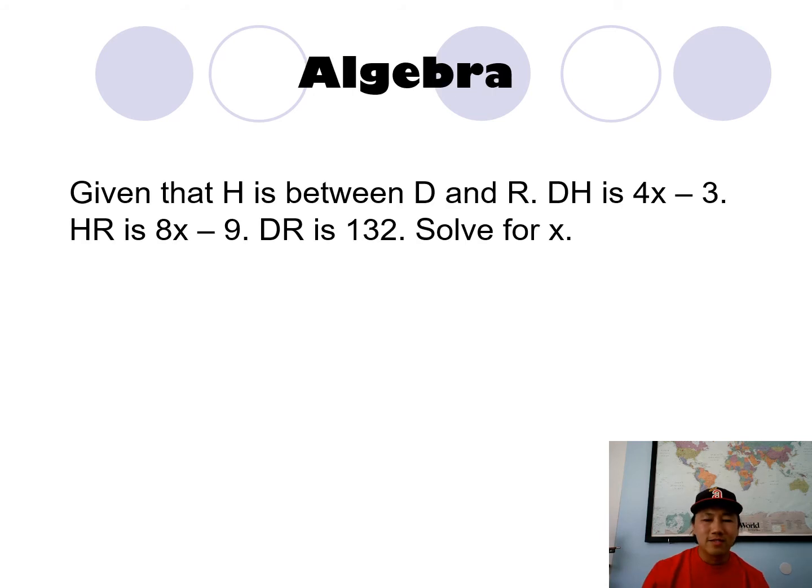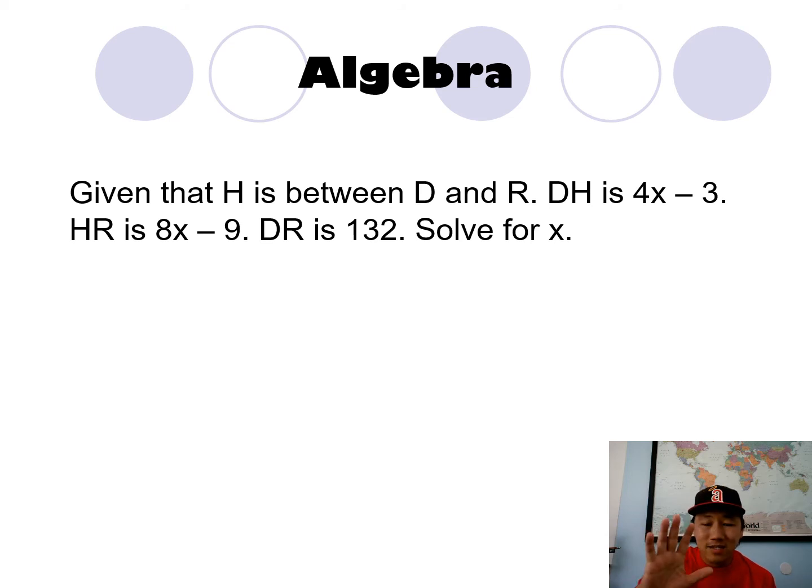Let's throw in some algebra into this, because you can't do geometry if you don't know your algebra. That's why you had to pass Algebra 1 to get into geometry, especially accelerated geometry. Given that H is between D and R, and DH is 4x minus 3, HR is 8x minus 9, and DR is 132.